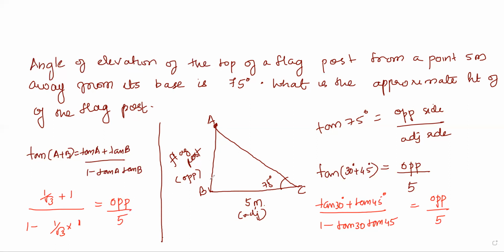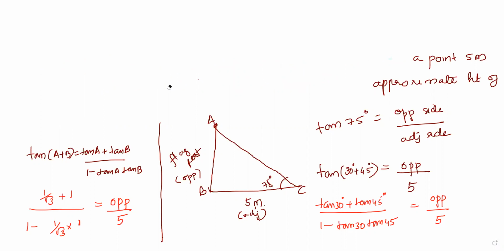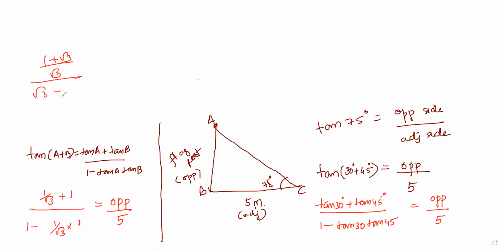Opposite side is the height that we have to find out. Okay. So this is 1 plus root 3 by root 3 divided by root 3 minus 1 by root 3. So that is 1 plus root 3 by root 3 minus 1. That is equal to opposite by 5.